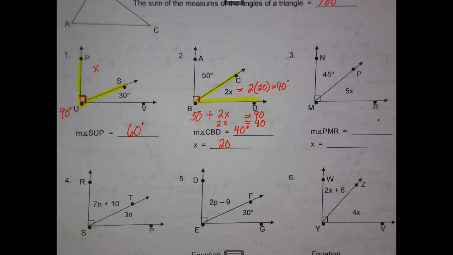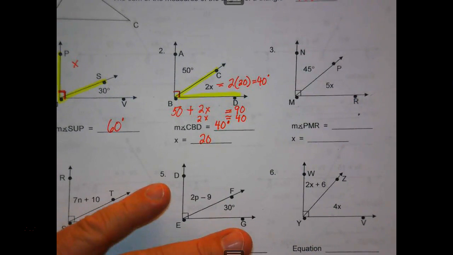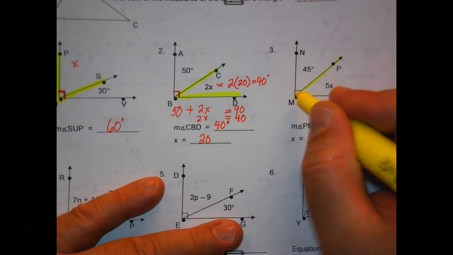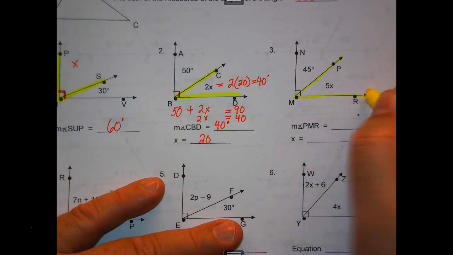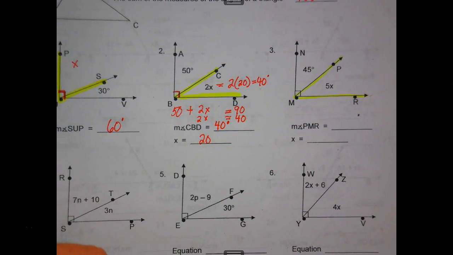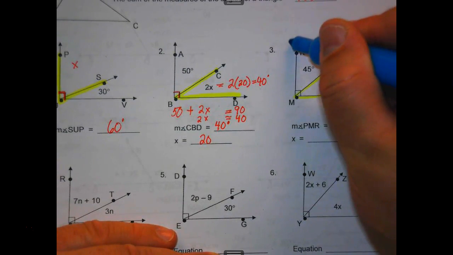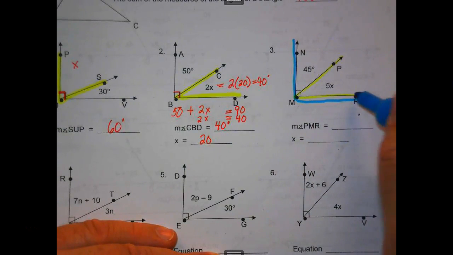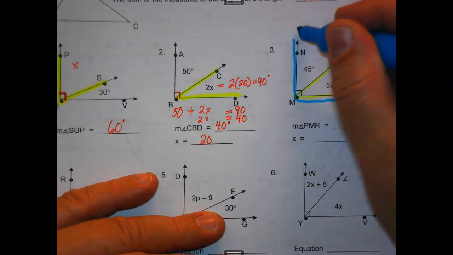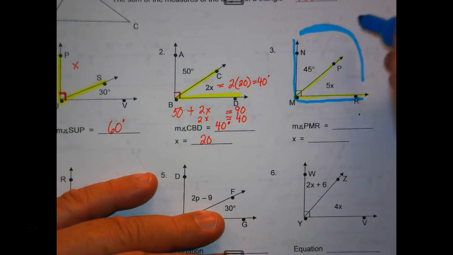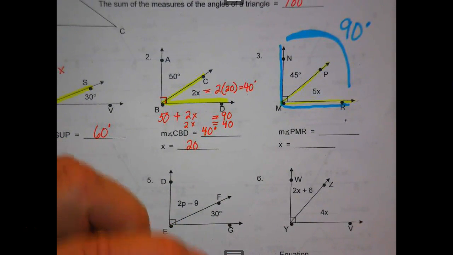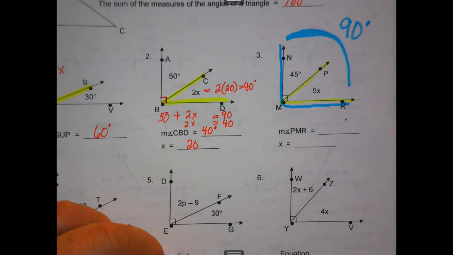They want us to find the measure of angle PMR. Yes it is, PMR. The way we find this, we know that angle NMR is 90 degrees. Well, we've used up 45 with this angle.